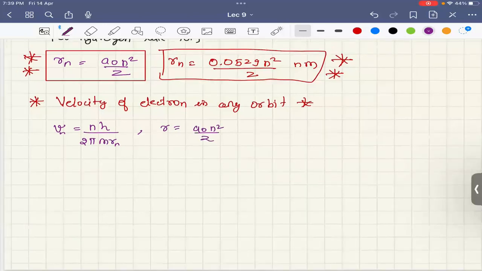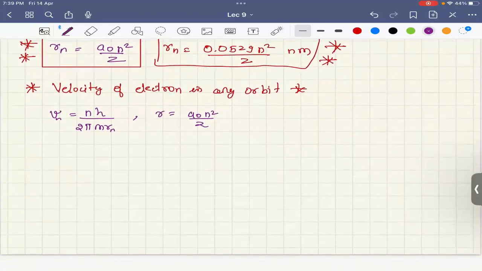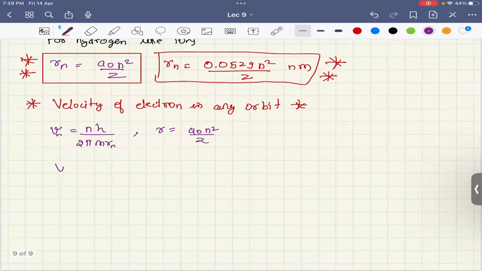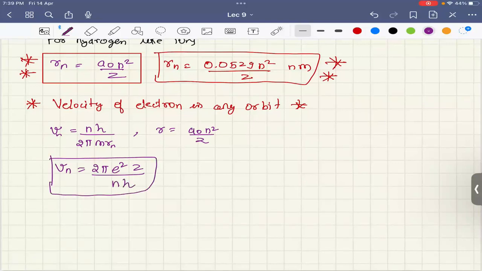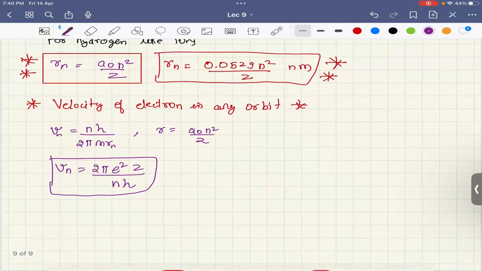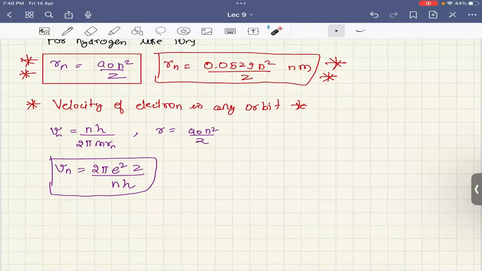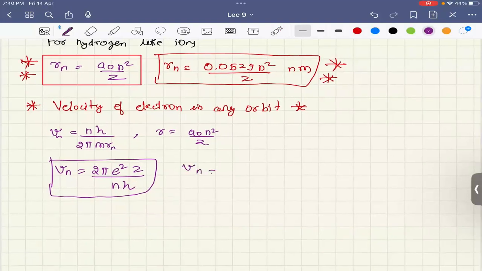Then Vn comes out to be 2 pi e square z by n h. So this is important. If we substitute all the known values, Vn comes out to be 2.19 into 10 raised to power 6 z divided by n in meter per second.